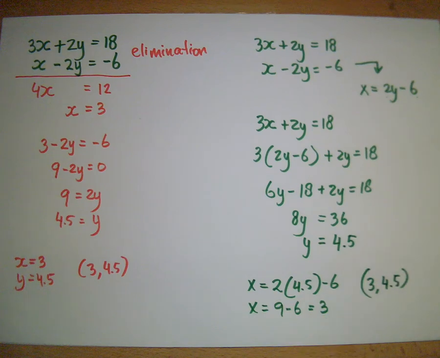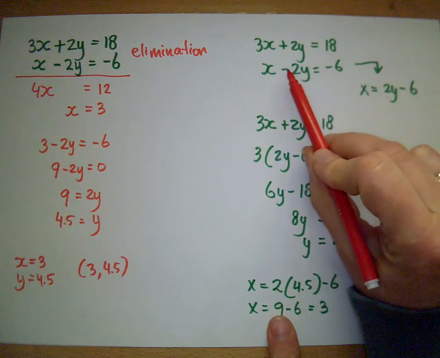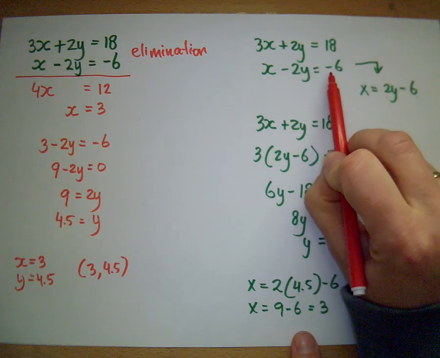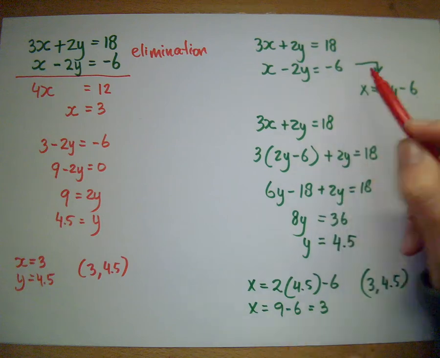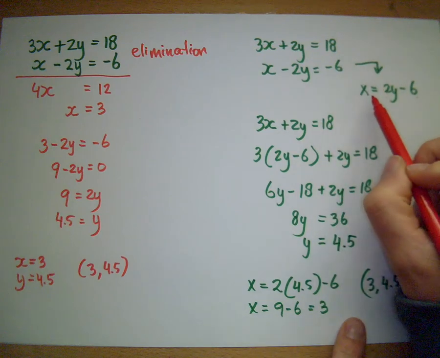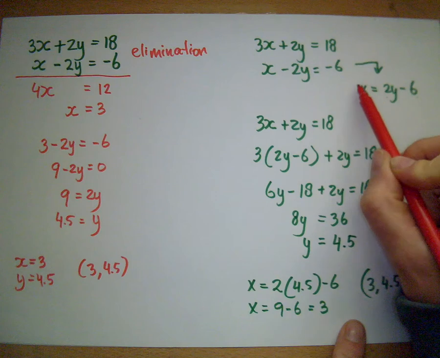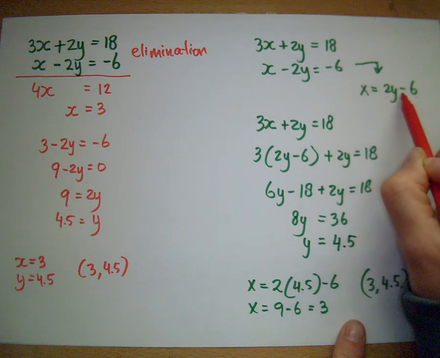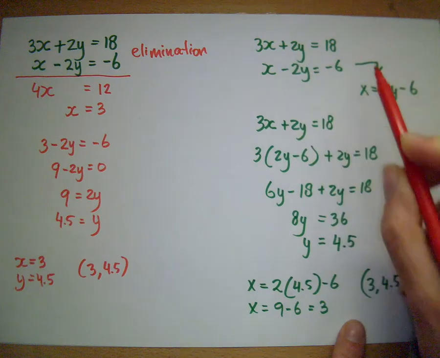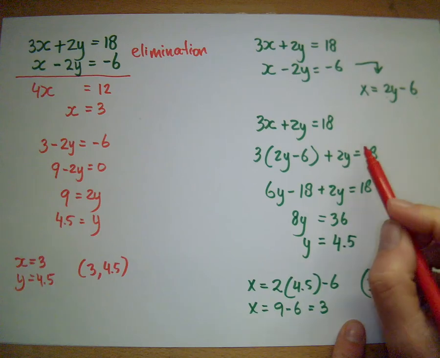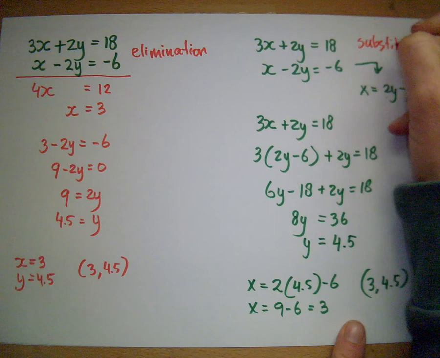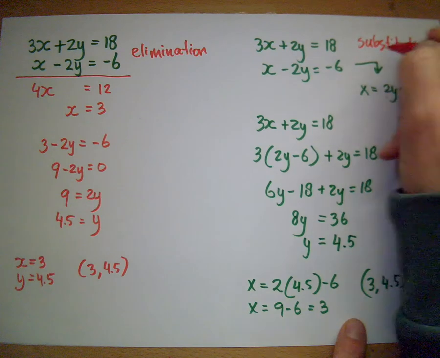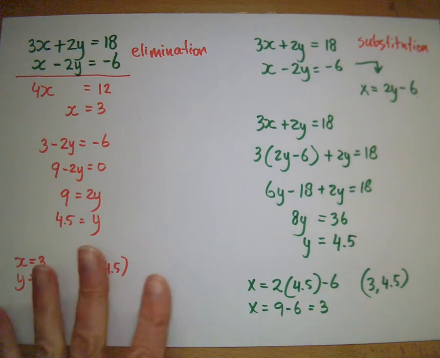This method, changing one equation to have x as its subject, or y, one of the variables as its subject, then substituting that into the other equation, that is called substitution. Substitution. That's the new skill.